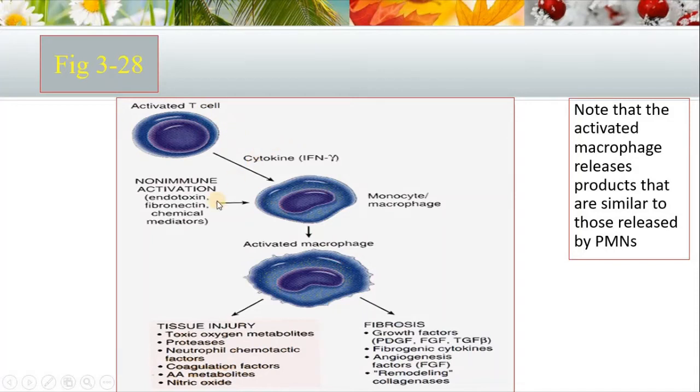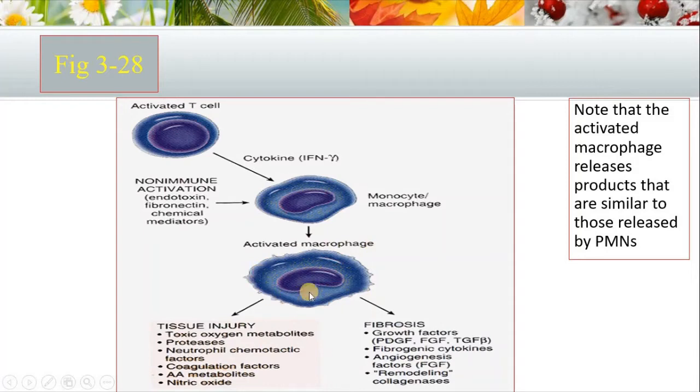Activated T cells, due to inflammation or injury, secrete various types of cytokines, among which interferon gamma acts on monocytes and turns them into a modified cell, which becomes larger, more activated, with more granules within the cytoplasm, known as a macrophage.